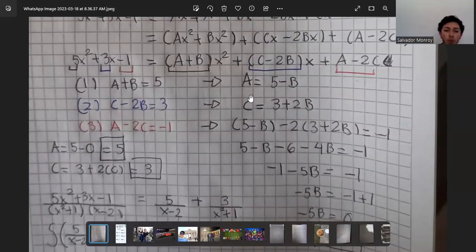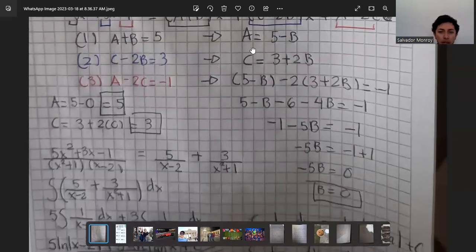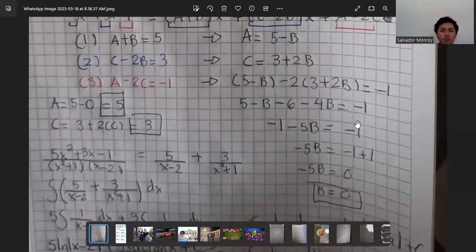But what I did was the algebraic process, which is only substituting the values. I substituted A as 5 minus B and C as 3 plus 2B, and then substituted those values in the third equation so that we have a normal equation for finding B. The result for B was 0.